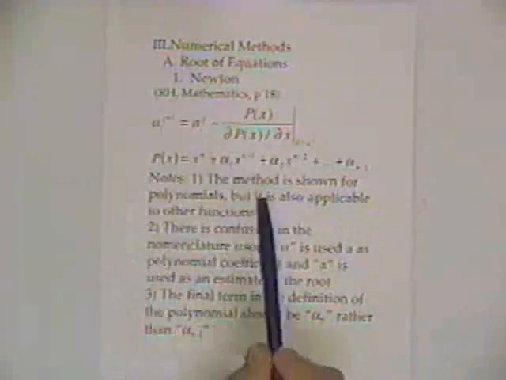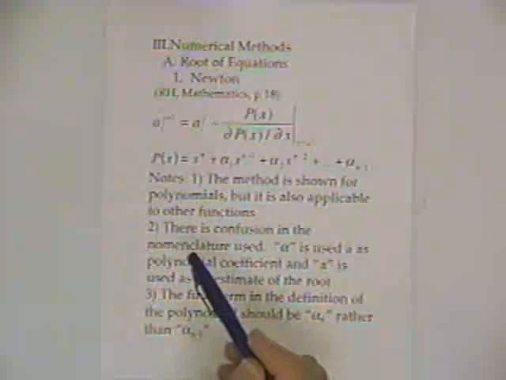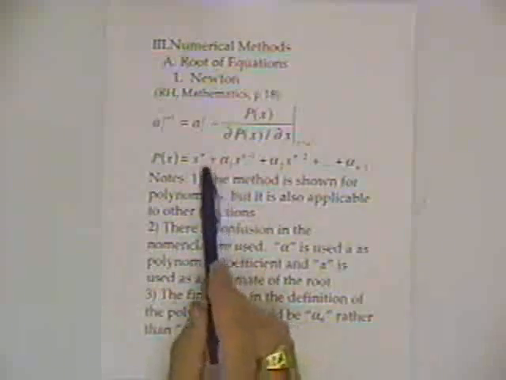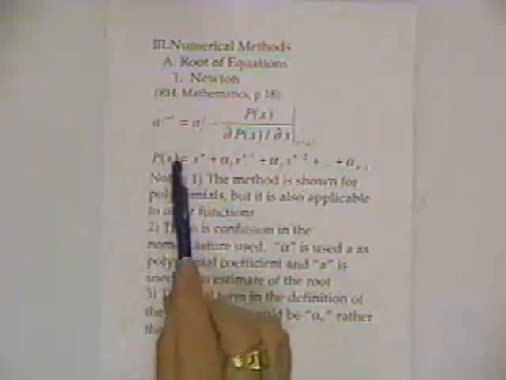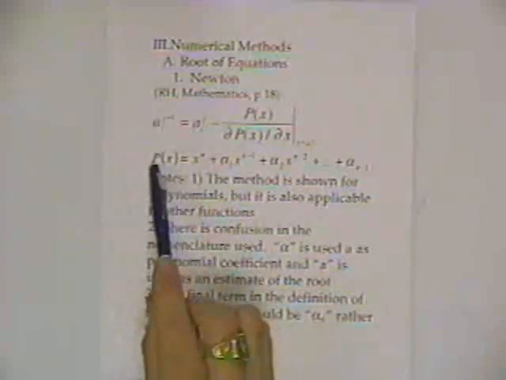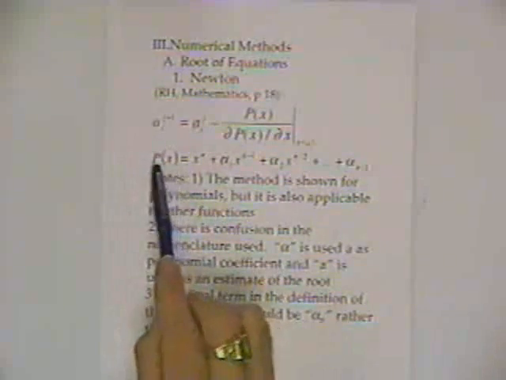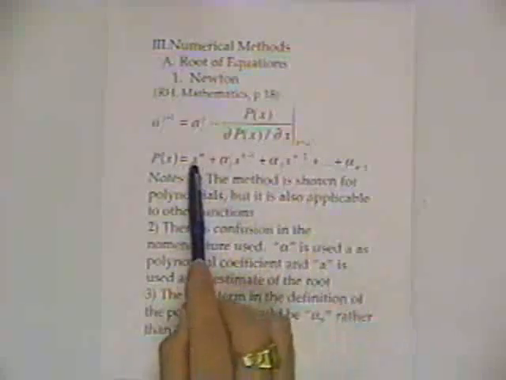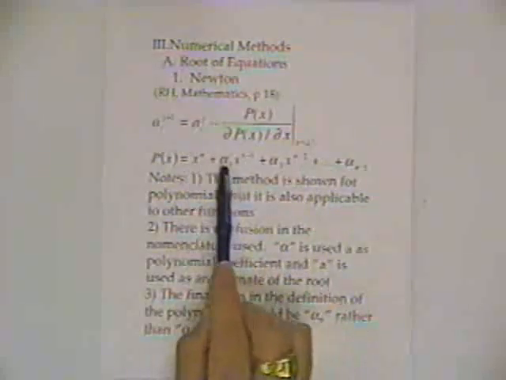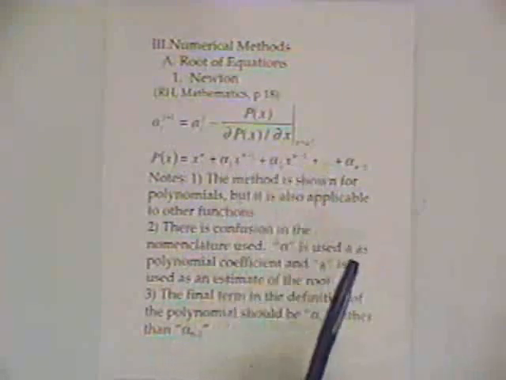It does not have to be a polynomial, but that's probably one of the most common types of equations that is solved with Newton's method. In the reference handbook, the problem is stated as to find a root of a polynomial that can generally be described in this way: the value of x raised to the n, a coefficient alpha 1 times x to the n minus 1, and so forth.